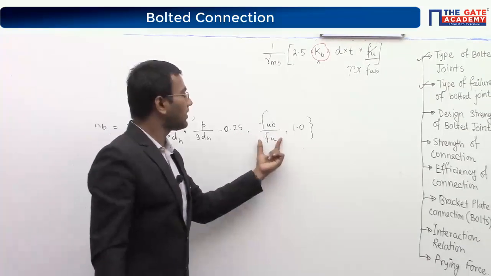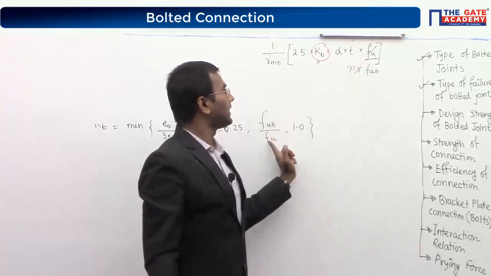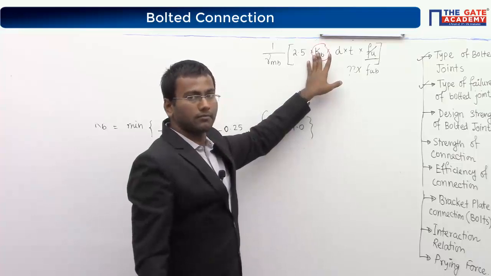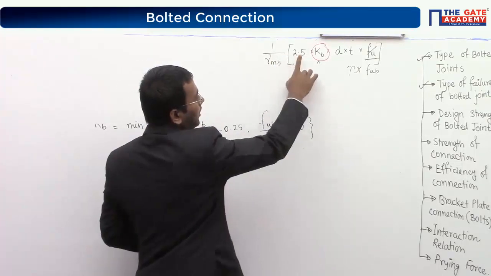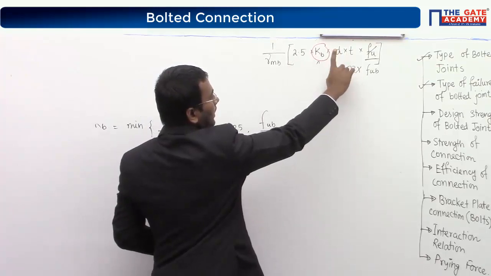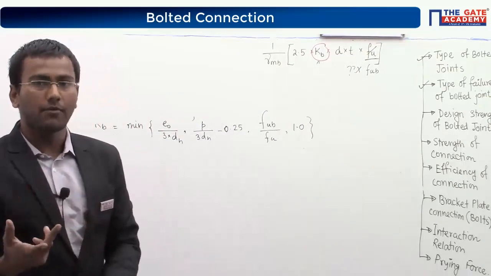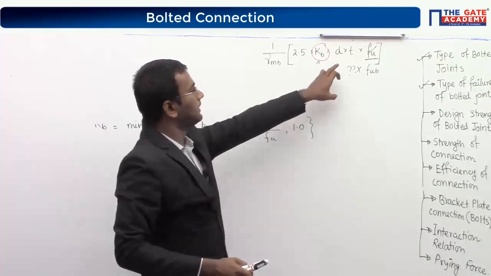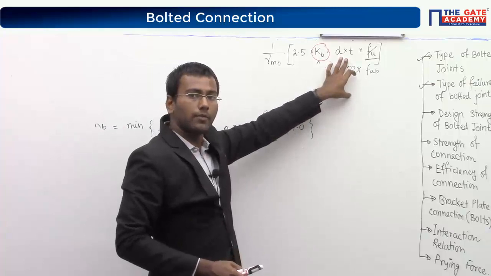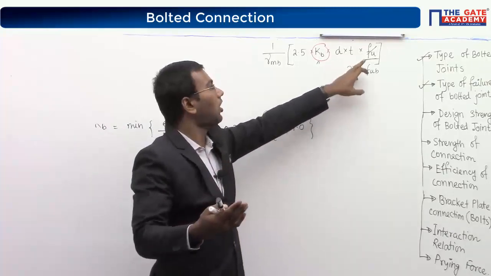So when I take this value, only Fu gets cancelled and Fub remains. It means this equation becomes 1 by gamma mb, 2.5 d into t, multiplied by Fub. So in this equation Fub is given in a representation of Fu.